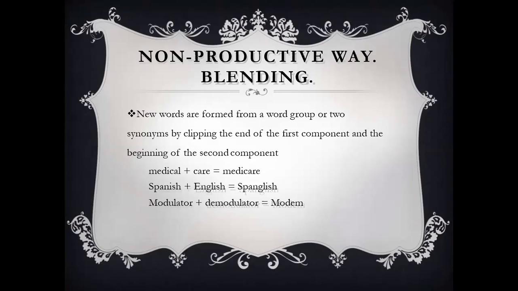Usually a new word is created by blending when it's connected with science and technologies, when scientists or people are going to create something new by adding two existing components. So there was the Spanish language and there is English, of course, and they join these two terms. They try using a mixed language of Spanish and English, and there is a new term, Spanglish.